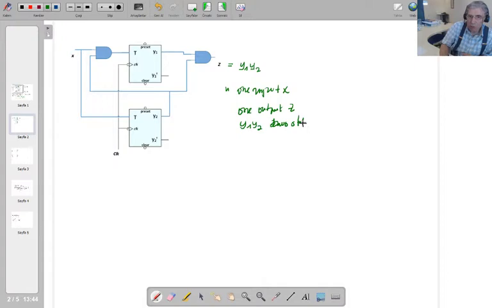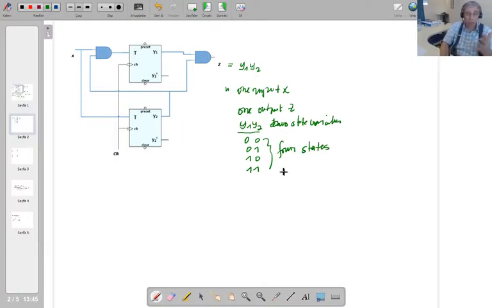And the states are 00, 01, 10, 11. So we've got 4 states for this sequential circuit, and this is a Moore machine. Now, how am I going to analyze this circuit? This circuit is given to us. First, we're going to find a mathematical model.